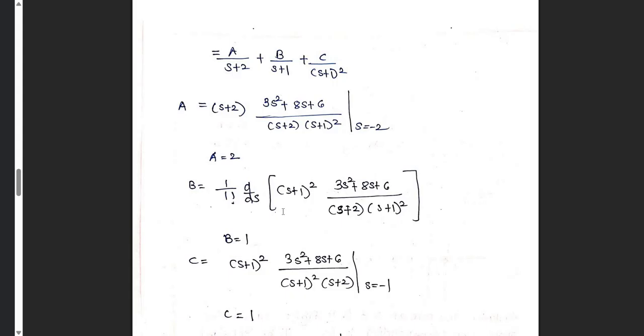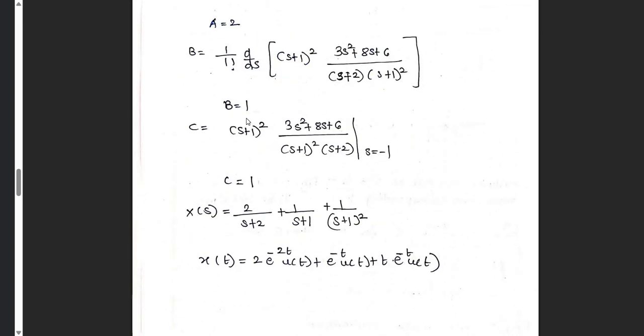In case of coefficient b, the formula is 1 upon the order of the root factorial, d/ds of (s plus 1) square X(s) at s is equal to, what is that? s is equal to minus 1. So if we substitute all this, accordingly b is equal to 1. And in the same fashion for c, it is a direct calculation, s is equal to minus 1.